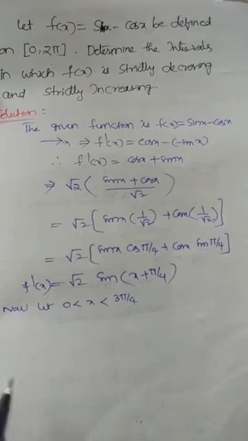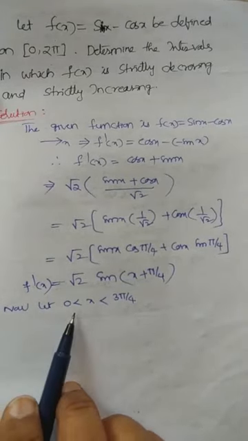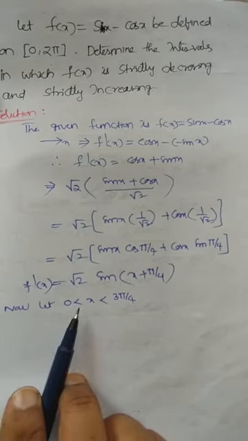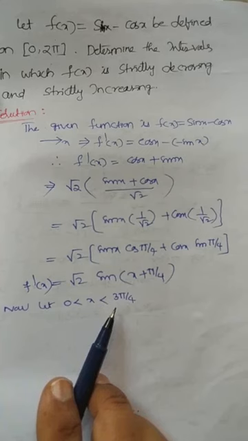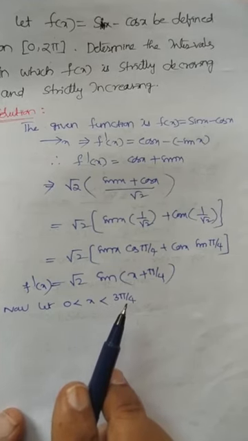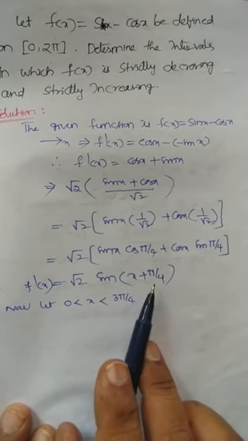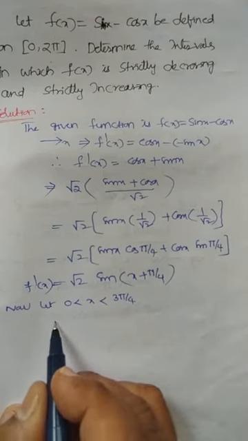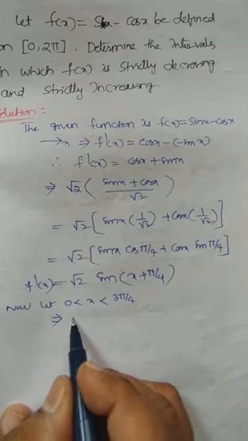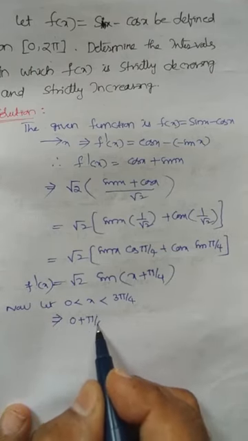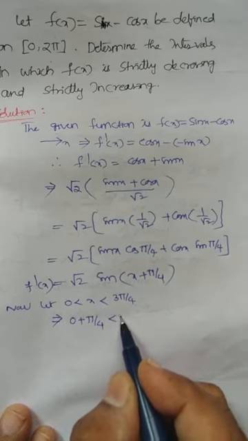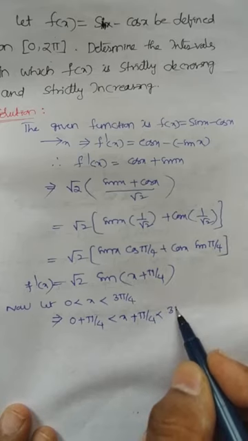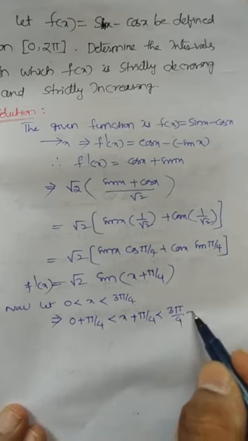Now let us take x in the interval 0 less than x less than 3 pi by 4. Then let us find x plus pi by 4. Adding pi by 4 to each side, pi by 4 is less than x plus pi by 4 is less than 3 pi by 4 plus pi by 4.